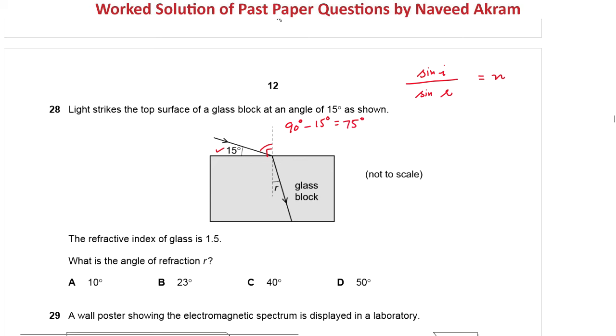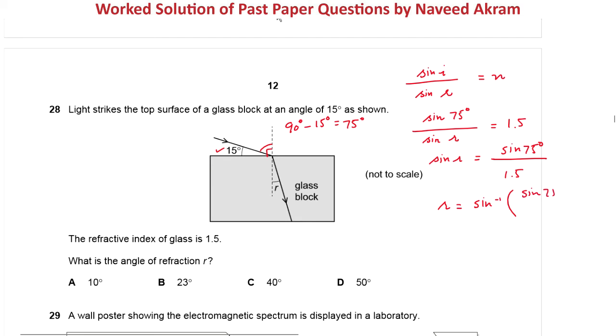So we will write here sine of 75 degree divided by sine of R is equal to refractive index of glass, which is given as 1.5. So sine of R will be equal to sine of 75 degree divided by 1.5, and R will be equal to inverse sine of 75 degree over 1.5.